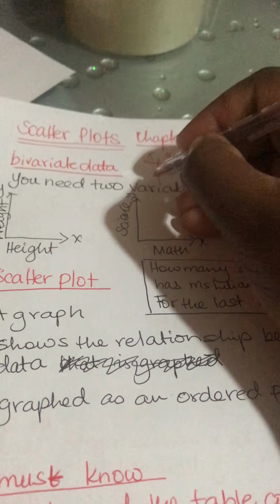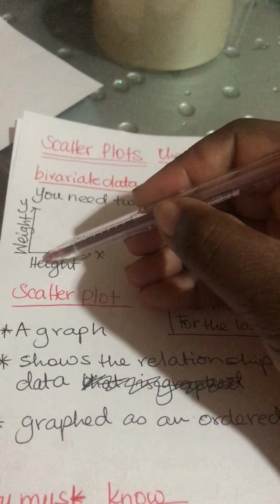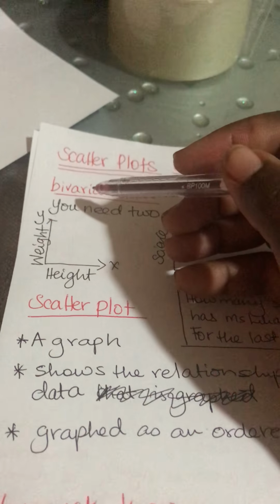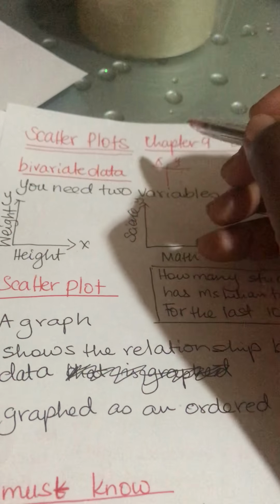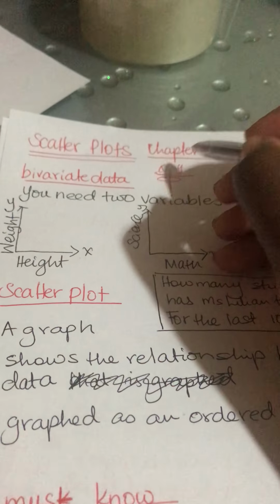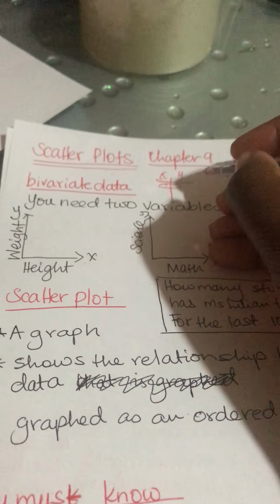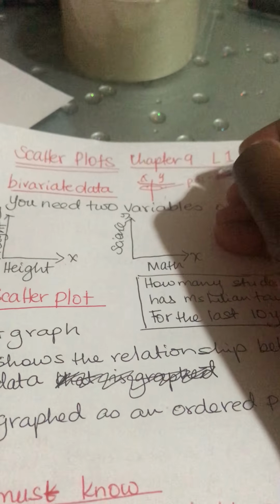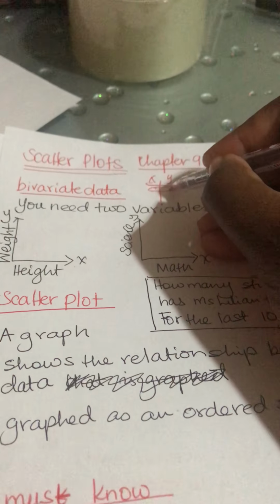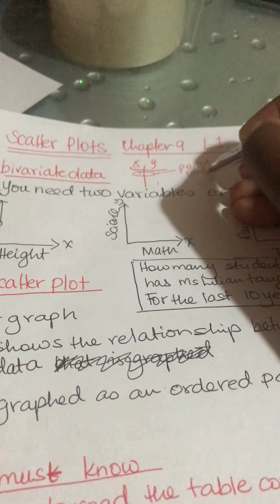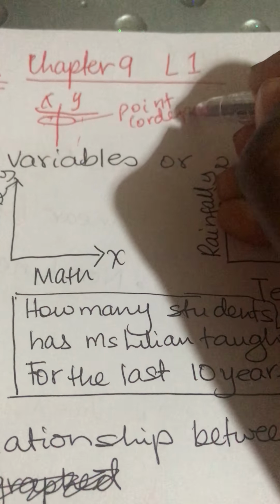The X values will go on the X axis, the Y values will go on the Y axis, and the X value and the Y value make a point. For you to have a point, you need the X coordinate and the Y coordinate, and the point is labeled as an ordered pair.